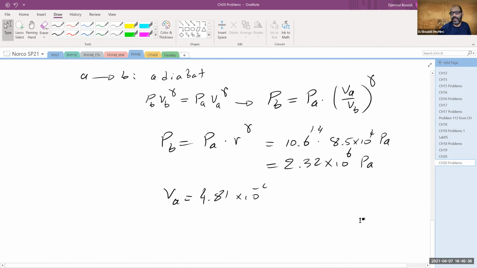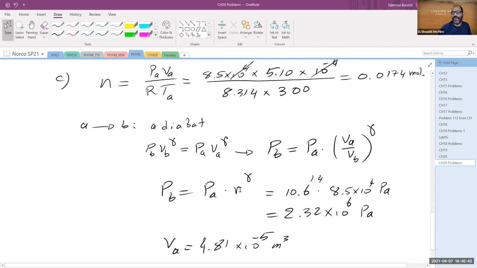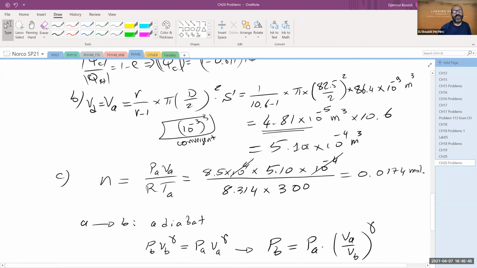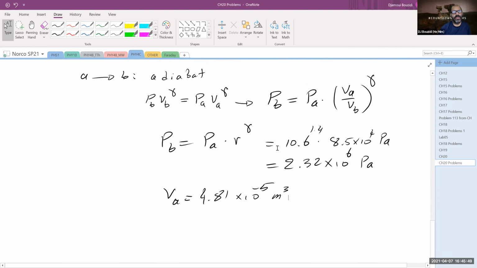It's smaller. Cubic meter. Again, this volume is a tenth of the other volume, basically. This one over the other one is 10.6. That's the compression ratio. So it shrunk in size. That's what compression means, okay?